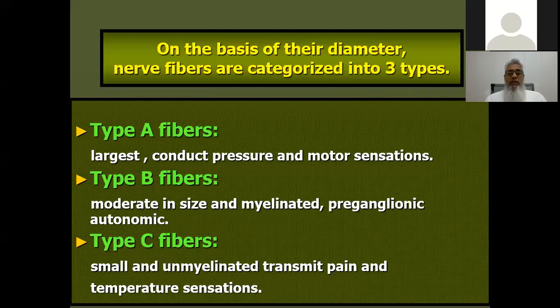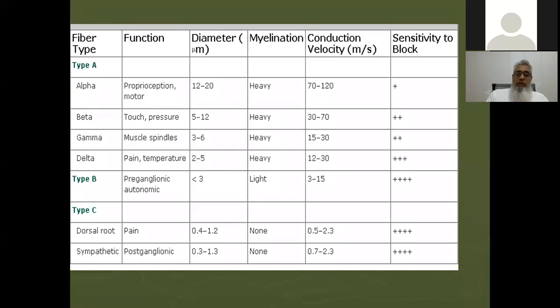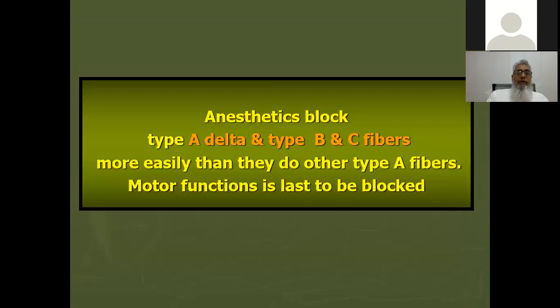And the type C fibers transmit pain and temperature sensation. These local anesthetics block type A delta, type B, and C fibers. So the pain, temperature, and light touch are blocked, and there is autonomic blockage as well.